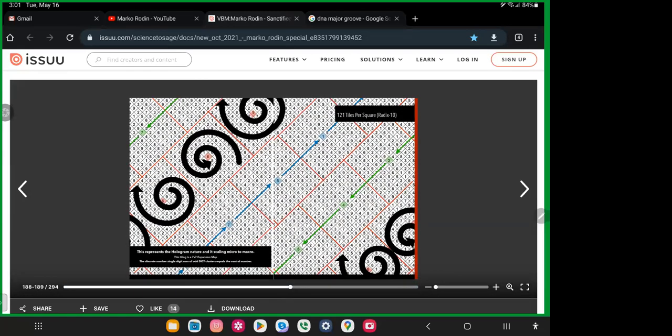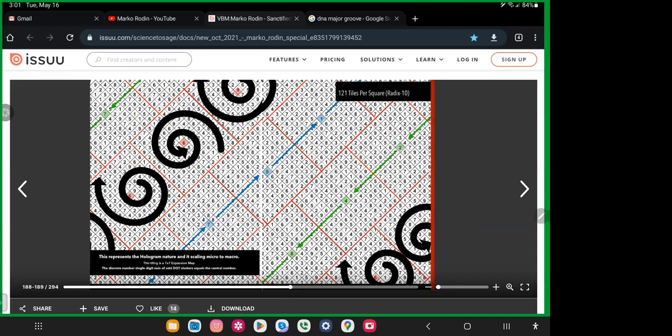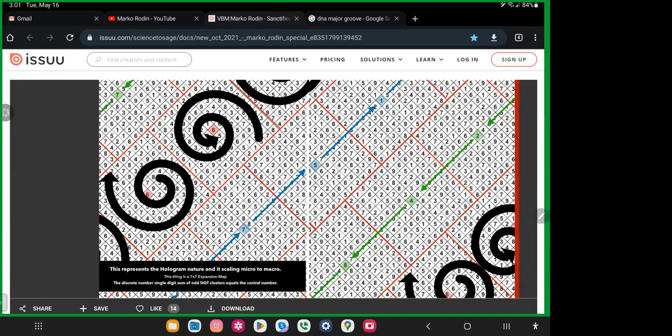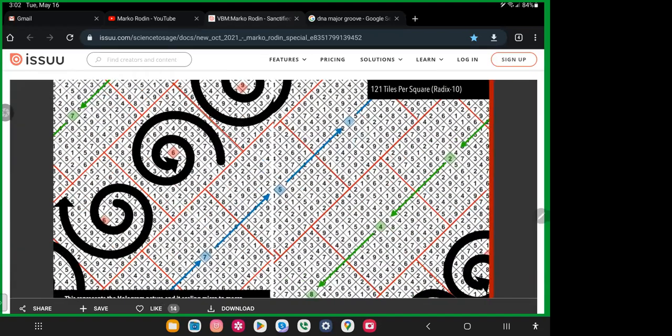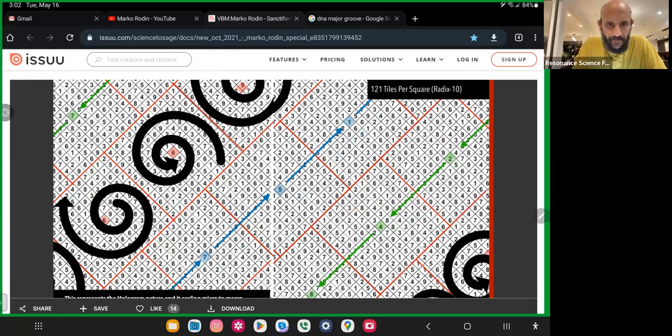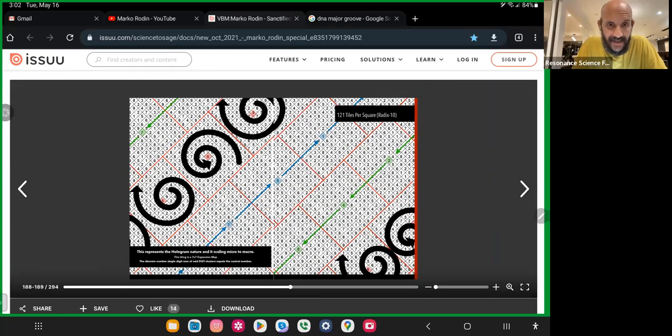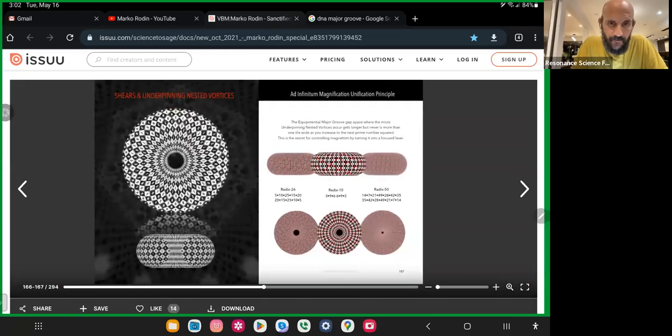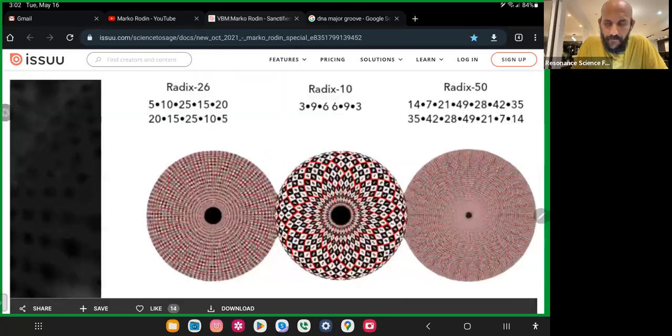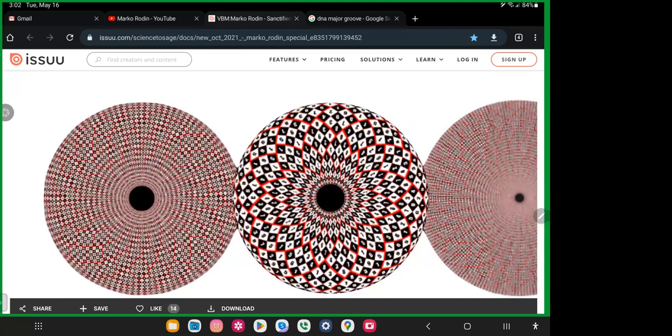Is that I won't explain today, but this is a hologram. This discovery scales from micro to macro. The red line outline.